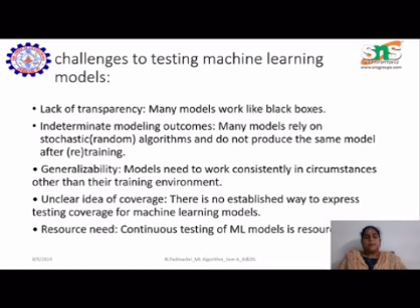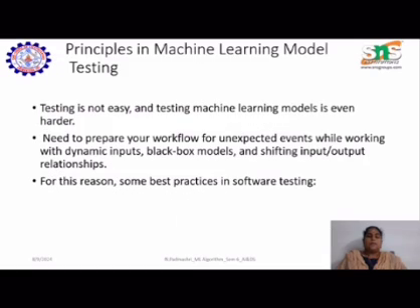Generalizability: models need to work consistently in circumstances other than the training environment. Unclear idea of coverage: there is no established way to express the testing methods for machine learning models. Resources: continuous testing of an ML model takes resources and time.